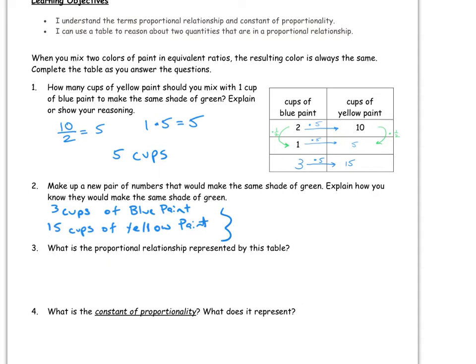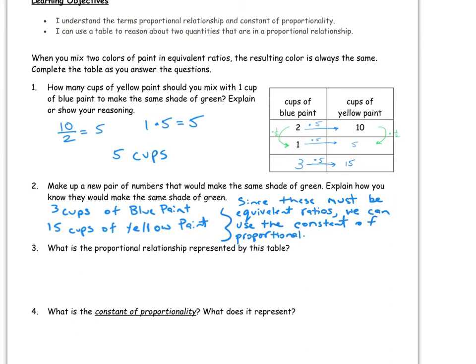One possible response is: since these must be equivalent ratios, we can use the constant of proportionality to multiply the first column and get the second column.